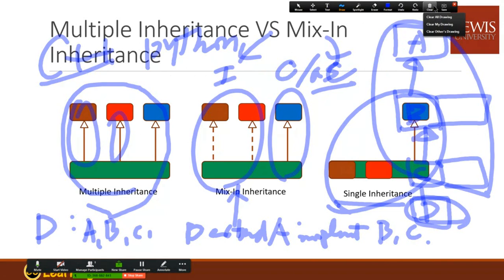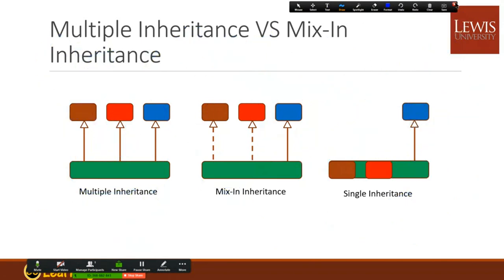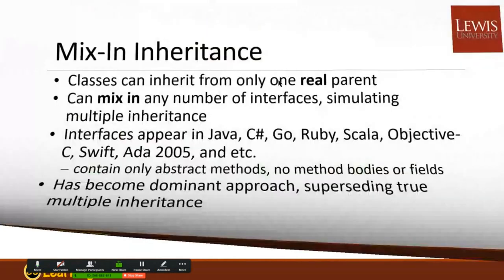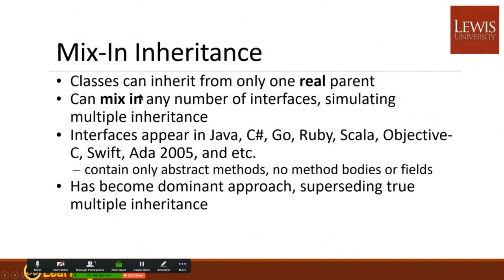So these are different approaches, but they can all solve the inheritance problem for inheriting multiple classes or a class with an interface. And Mixin inheritance uses the inheritance of interfaces and classes. So classes can inherit from only one real parent. That's called Mixin inheritance. It can mix in any number of interfaces.